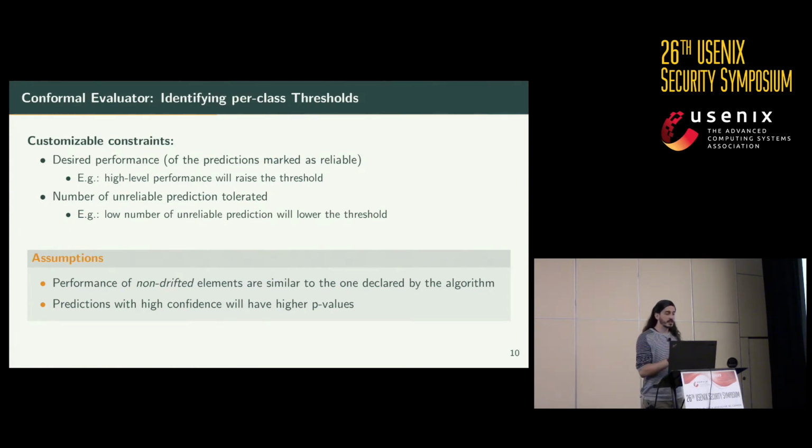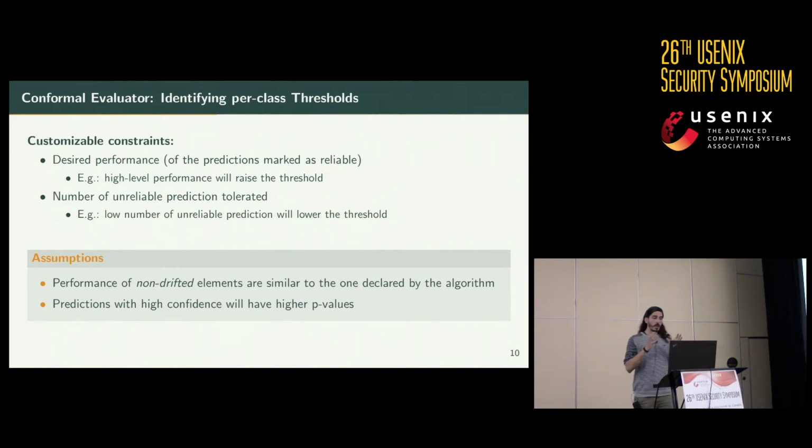We added this second constraint because when a model makes a prediction that is marked as unreliable, usually there will be an additional phase that will manually investigate these samples. So we added this constraint to model also this behavior.